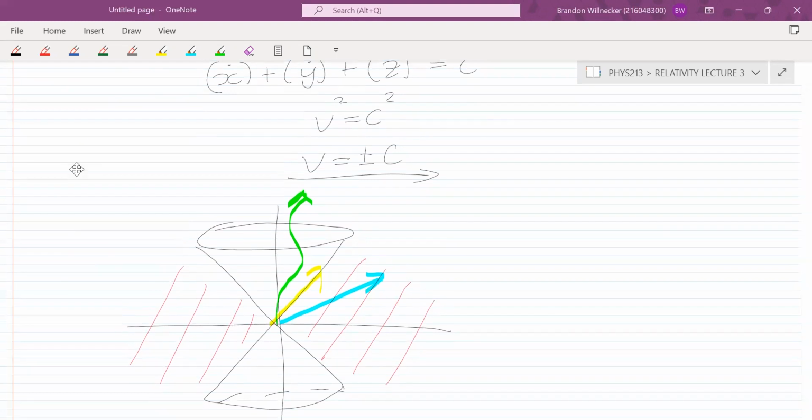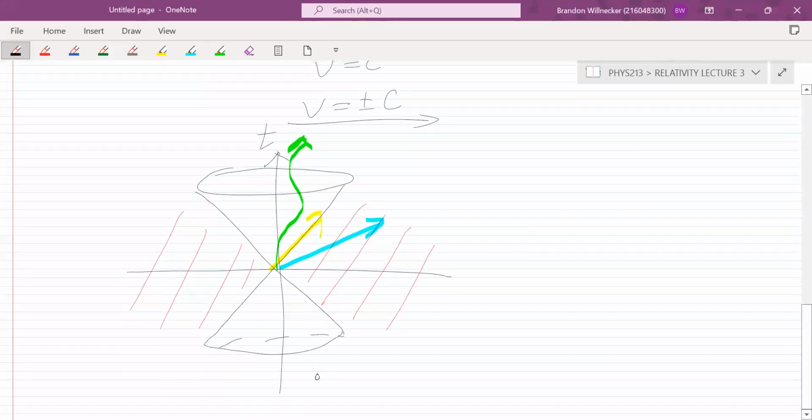Now, this light cone is made up of two parts. We've got this upper part and this lower part. This upper part we see is moving to larger time values. So we say that is future pointing. So anything that is moving through space-time must be moving towards the future. We don't have things traveling back in time.